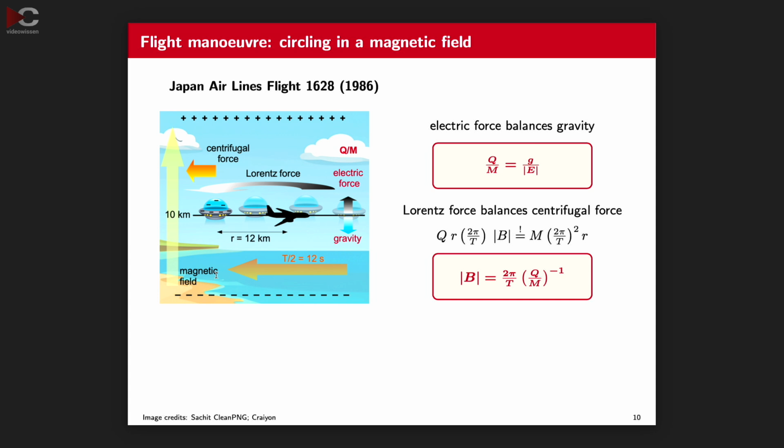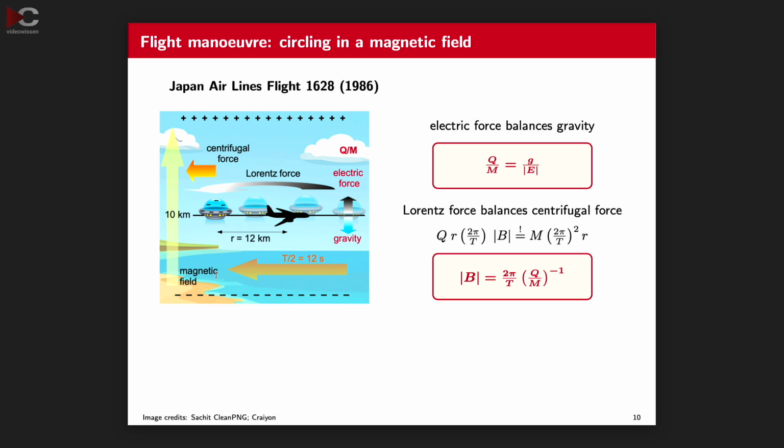Then all quantities in this equation, particularly the velocity for the Lorentz force, we can express as the radius times the angular velocity, and then we can express the angular velocity in terms of the time it takes to complete one orbit in this constant magnetic field. And the total time to complete such a motion is 24 seconds, because it took 12 seconds to go half of this way.